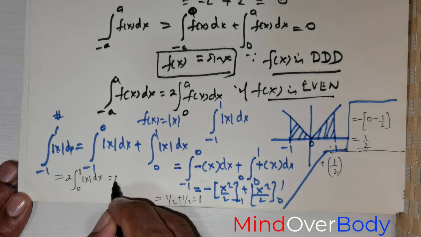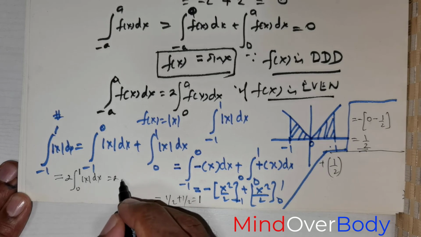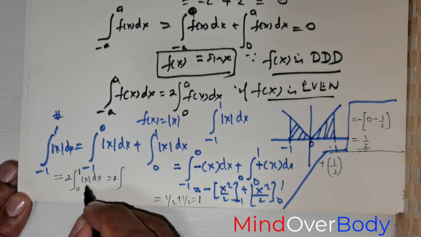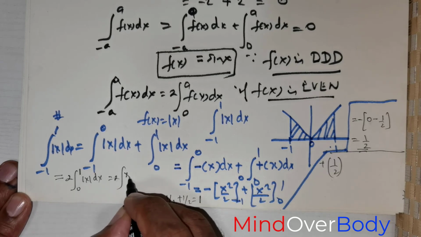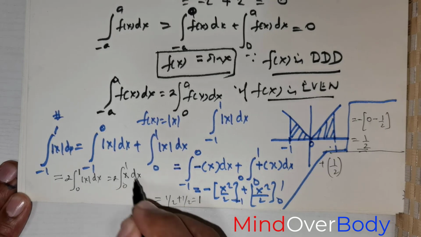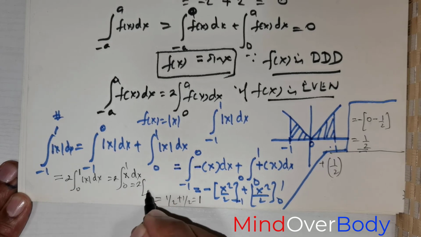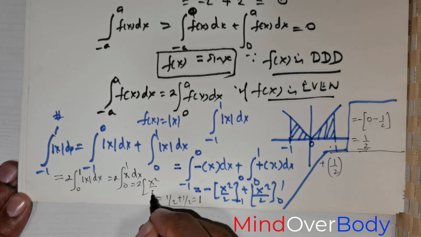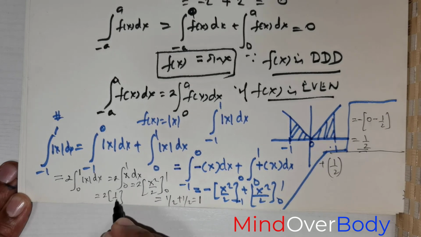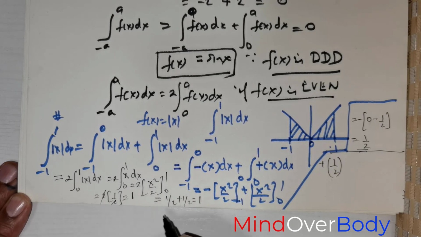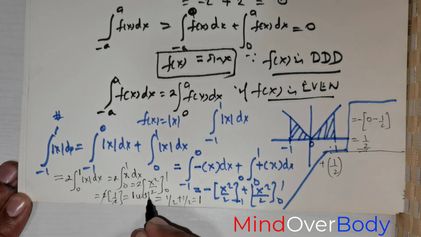So in this case, clearly it's going to be 2 times, since the value of x lies between 0 and 1, this will open up with a positive x times dx from 0 to 1. If I were to integrate this, this is going to give me x squared over 2, limits are 0 to 1. I substitute, the 2 gets cancelled, which is 1. So this is equal to 1 unit.